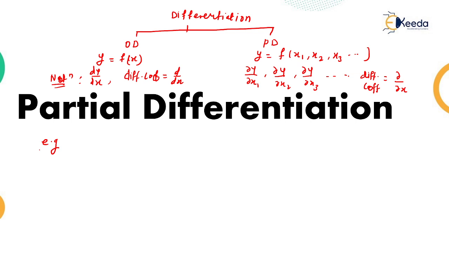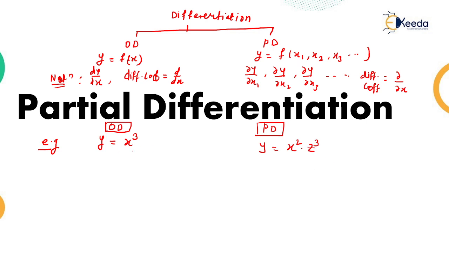But how do we take the ordinary derivative and how do we take the partial derivative? Let's see. For example, suppose I have the equation y is equal to x cube. Here I am considering OD, ordinary differentiation, and in the other case PD, partial differentiation. Suppose I now have the equation y is equal to x square into z cube.